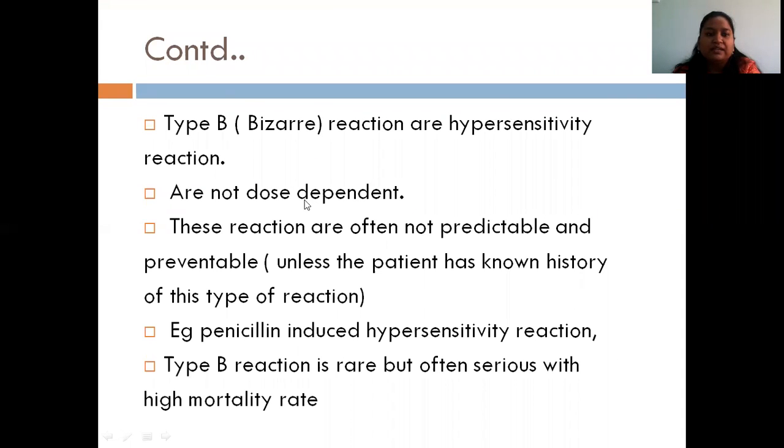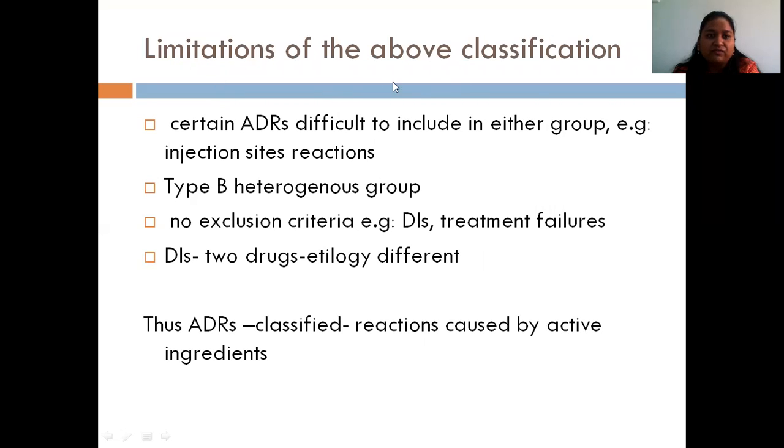Okay, next are the limitations of the above classification, as certain areas are difficult to include in a group. The type B heterogeneous group does not include all the drug interactions, all the treatment failures, or interactions between two etiologically different drugs.